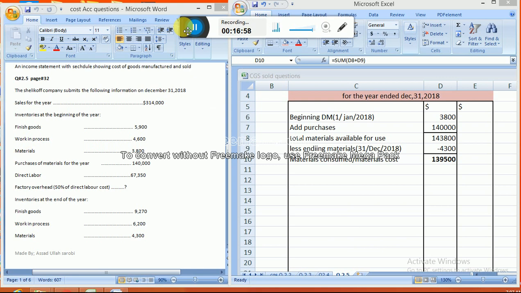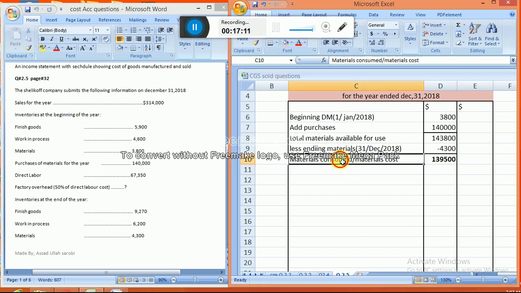The reason, dear students, is that we want to find the exact cost. For that purpose we are doing the plus and minus. So now our record shows that in the year 2018, which will end today, we used the 1,39,500 material in the production.